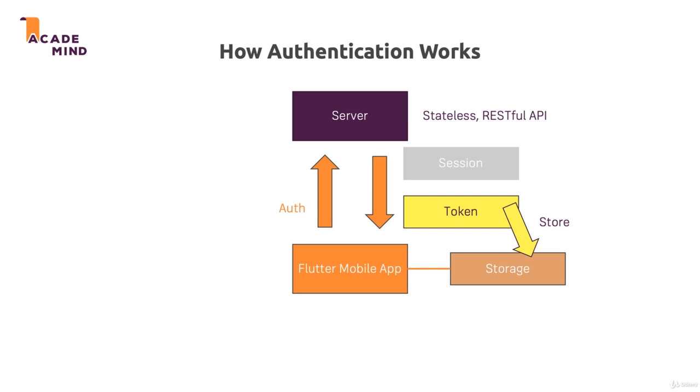But of course the question is, yeah, what's the idea behind that token? The server now works such that for endpoints, which should actually be protected and only be available for logged-in users, it requires us to add such a token to the incoming request. So if we send a request to an endpoint, which is actually locked down, let's say the endpoint to create a new user, so a post request to a certain URL, then that request will be declined and an error will be sent back if no valid token is attached to the request.